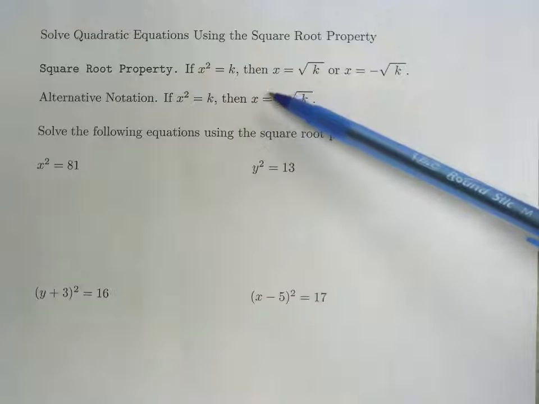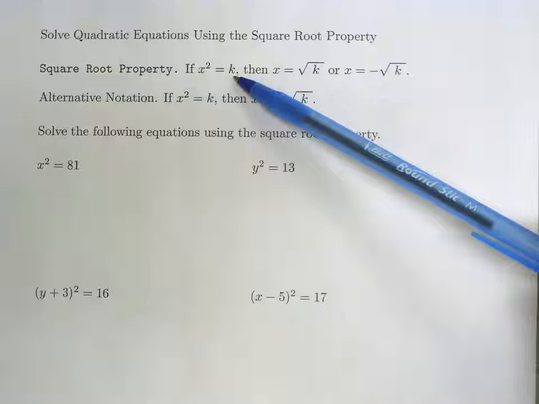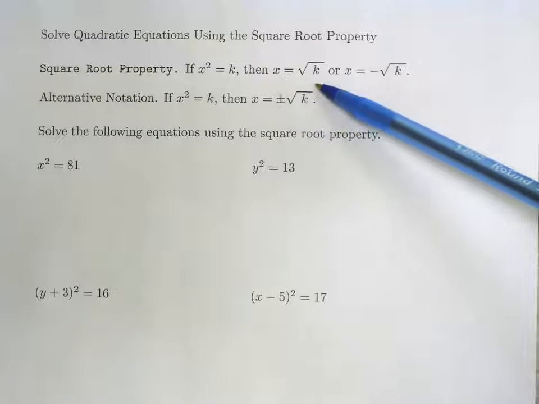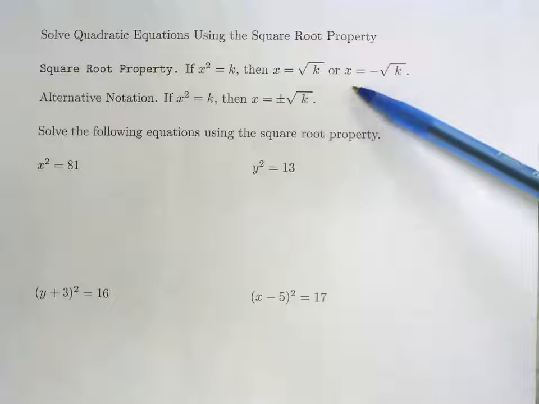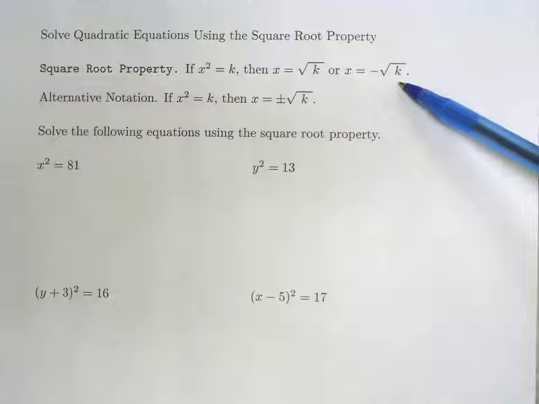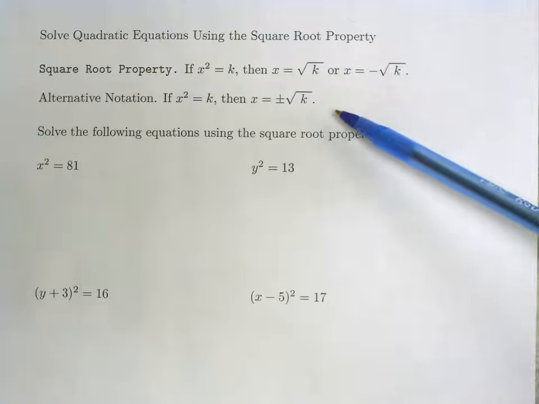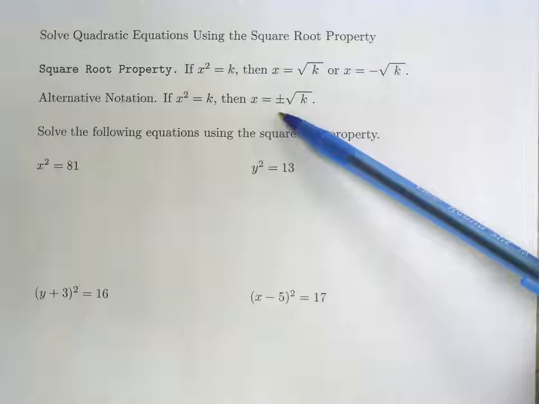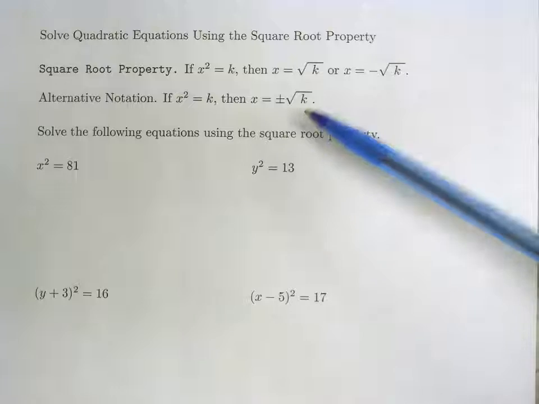If x squared equals a number k, then x is equal to the square root of k, or x is equal to the negative square root of k. An alternative notation, if x squared equals k, then x equals positive and negative square root of k.